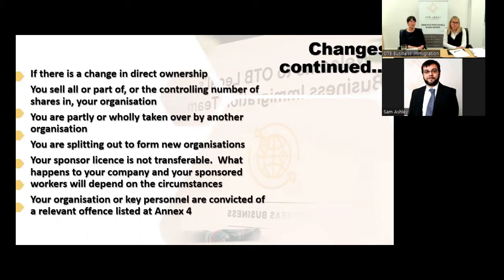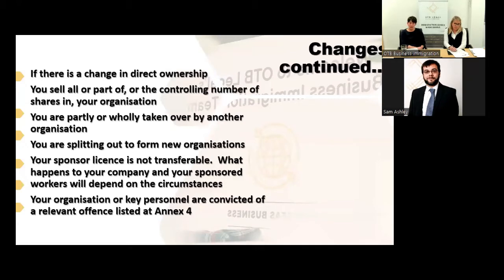And the reason they want to know that is they want to know if someone who they would not consider suitable to be in charge of a license is seeking to obtain access to a license by the back door, if you like. So that's their logic, and that's why they will sometimes require you to apply for a new license if they want to run checks or if they have any concerns about who may be taking over ultimate responsibility for a license.